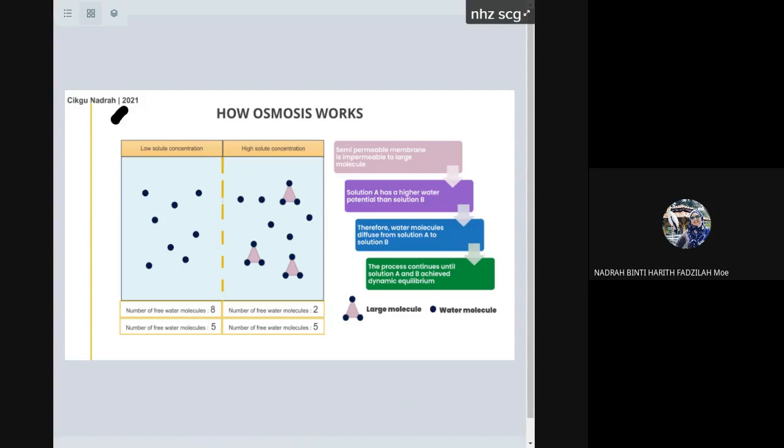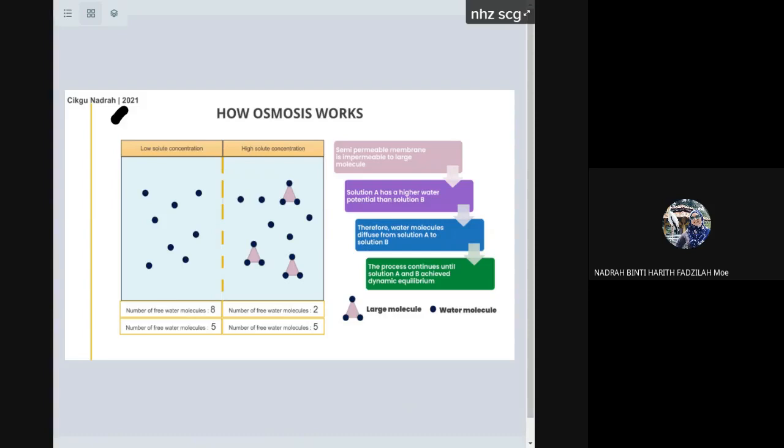Dalam chapter form 3 tak silap saya, when we discuss about opening and closing of stomata, kita ada jumpa pasal osmosis ni. Okay, now untuk osmosis is like simple diffusion, but the problem is simple diffusion dia ada plasma membrane pun boleh jalan, tak ada plasma membrane pun dia boleh jalan.